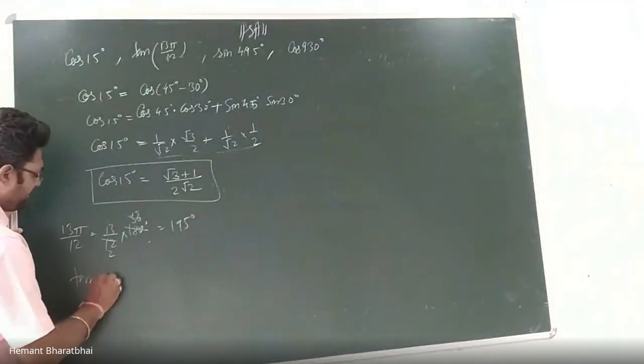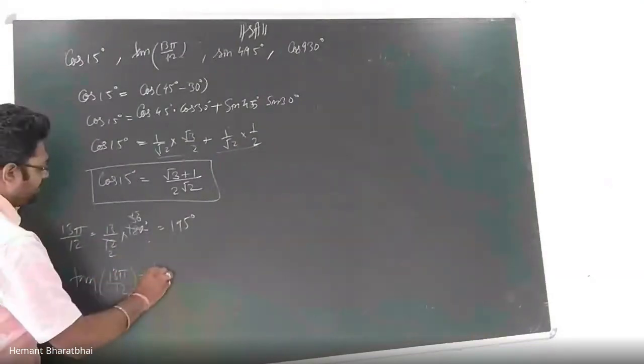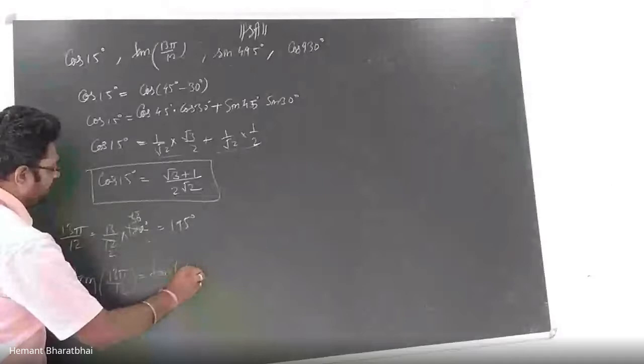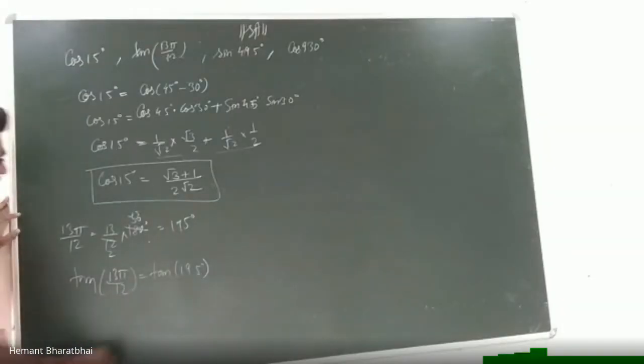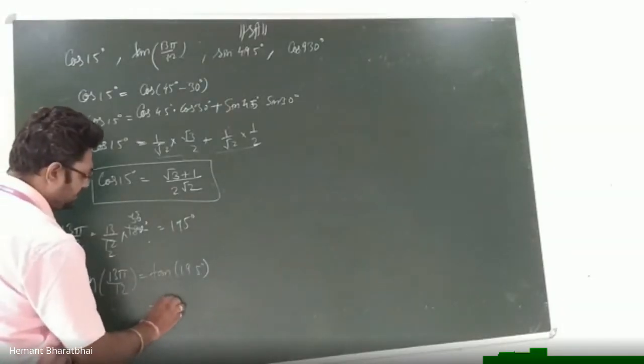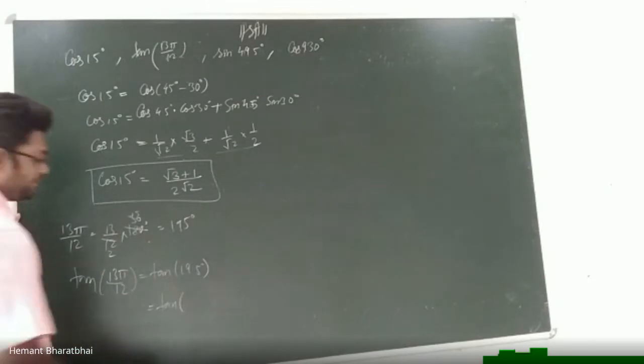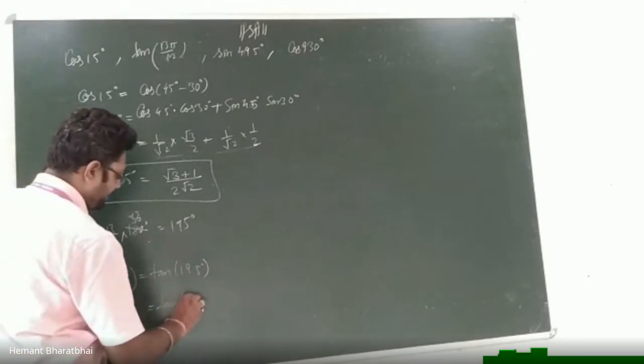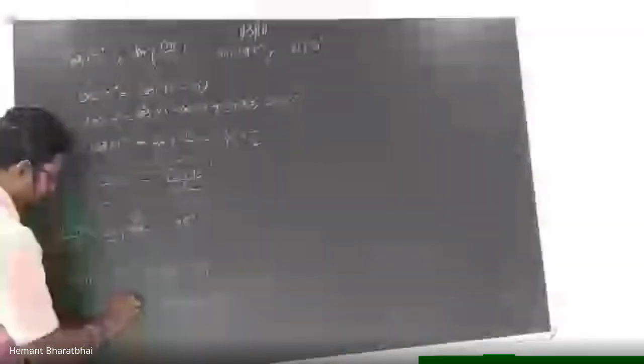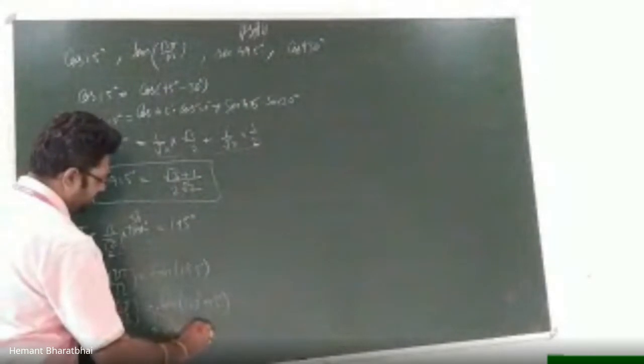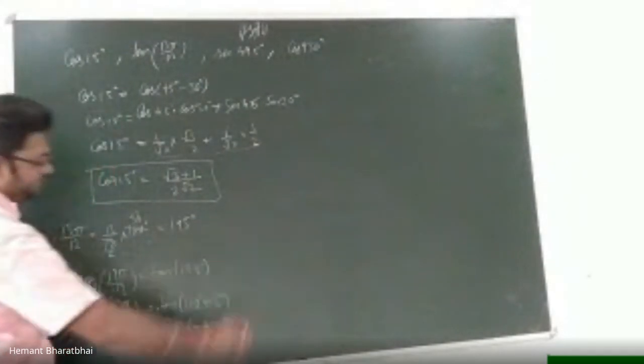So tan of 13 pi by 12 is nothing but equal to tan of 195 degrees, which can be written as 180 degree, that means pi, plus 15 degree.